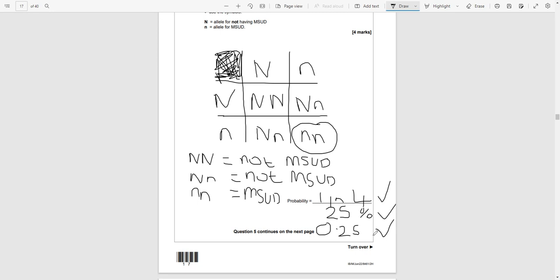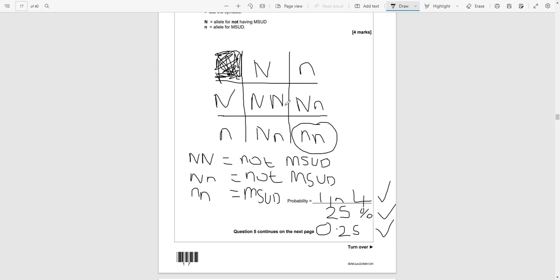Now, all of those steps are required in order for you to get 4 marks on this particular example. If you messed up at the beginning and you put the wrong genes in, as long as you've used your alleles to correctly fill in the diagram, then they allow that error to be carried forward. But obviously, we're not going to come to the same final answer necessarily.